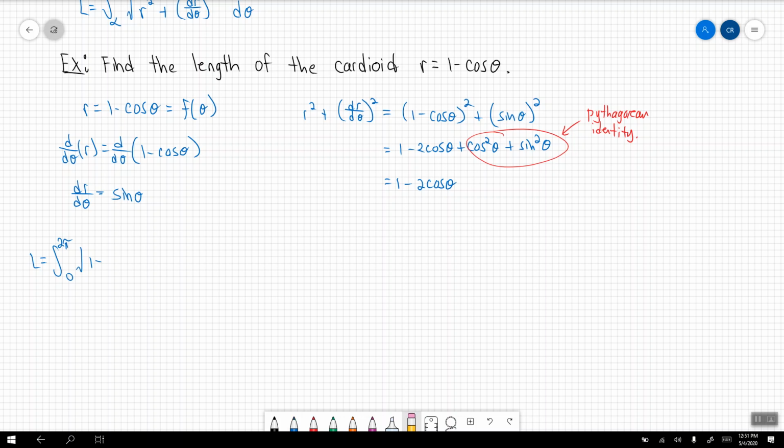This is actually 2 minus, because again that was a 1. For some reason in my mind I was canceling it out. I have no idea why. So this is 2 minus 2 cosine of theta, and this is all inside of the square root, and this is going to be with respect to theta.